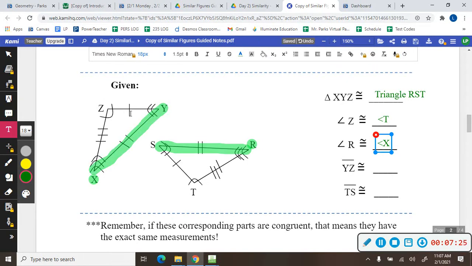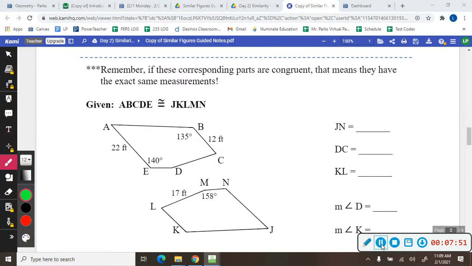One with 1 marking, that would be the same thing as ST. And then TS, that would be the same thing as ZY. Remember, if these corresponding parts are congruent, that means they have the same exact measurements.